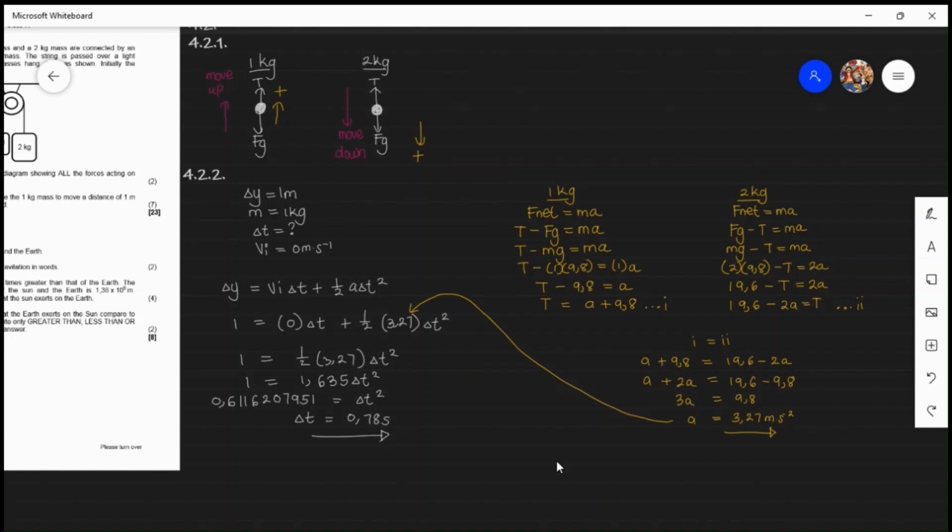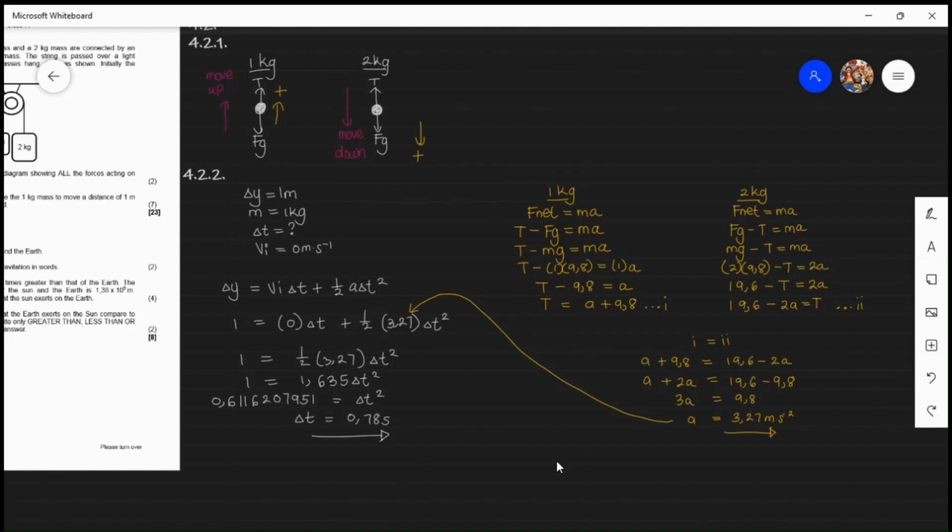Now, the important thing to take note of in this particular question was because we had objects that were moving in two different directions, I took my direction of motion as my positive direction, which means everything that was moving in the opposite direction of motion was taken as negative.